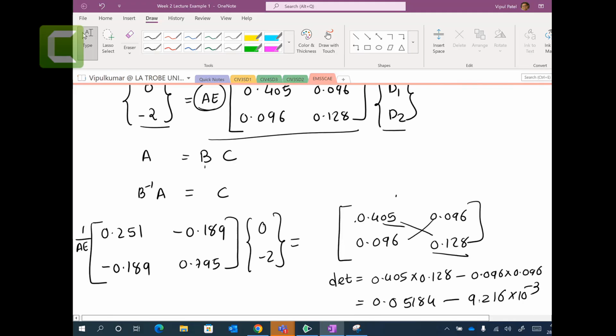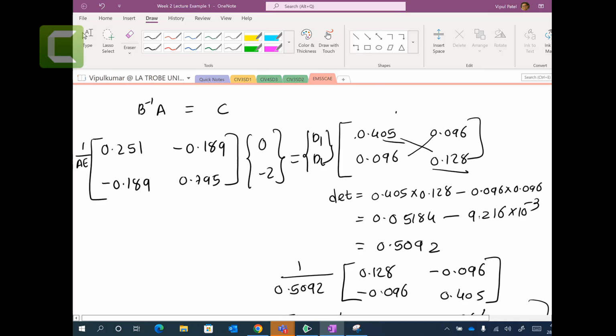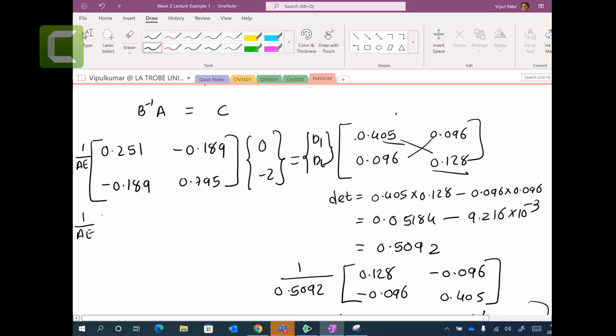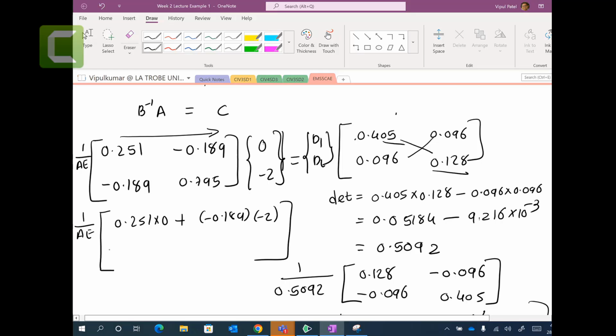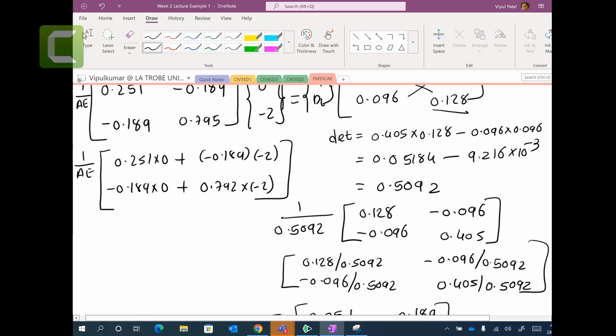We don't need to worry because it goes to the other side, which is D1 and D2. So you can just leave AE outside, and do this: 0.251 times 0 plus minus 0.189 times minus 2, and minus 0.189 times 0 plus 0.792 times minus 2.